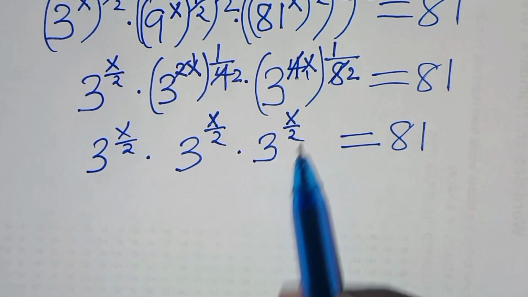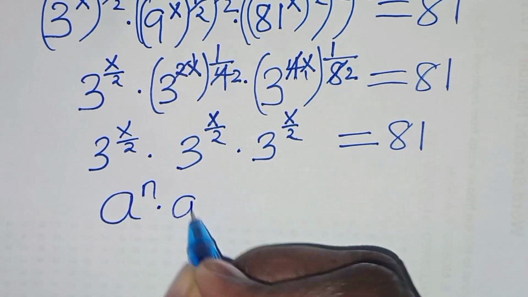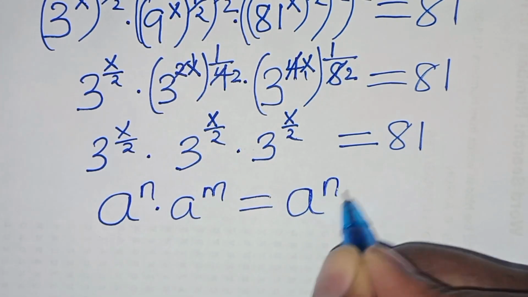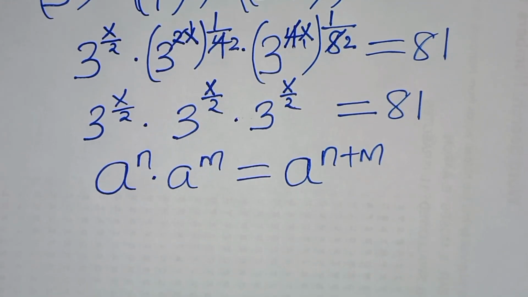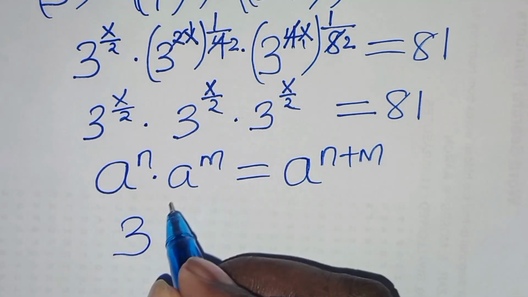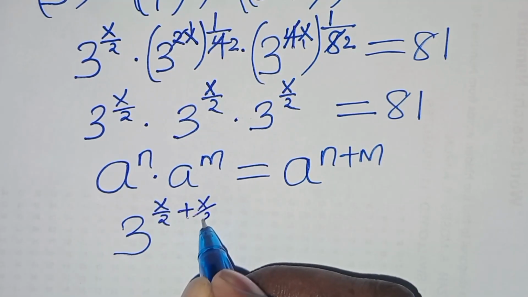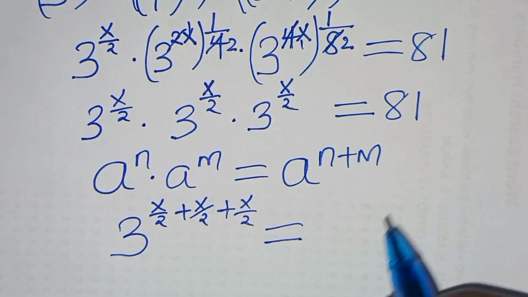Now, this is in the form of a to power n times a to power m, which is equal to a raised to power n plus m. So we can apply this property so that we have 3 raised to power x over 2 plus x over 2 plus x over 2. This is equal to 81.